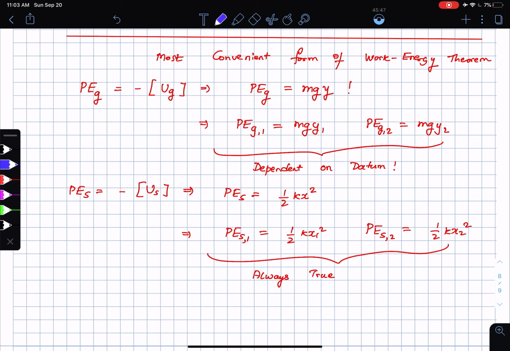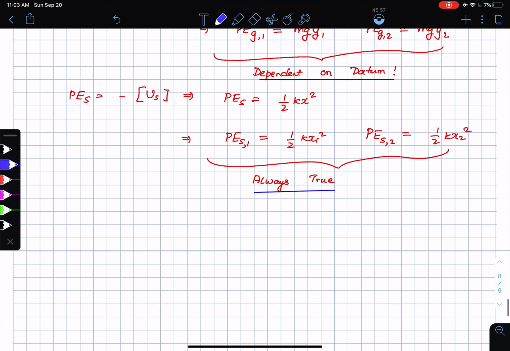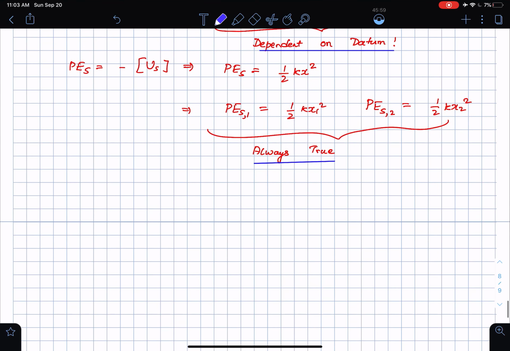So a couple of caveats here. One is the way you define the gravitational potential energy depends on the datum. It could be positive or negative depending on how you're defining the datum. This is always true.